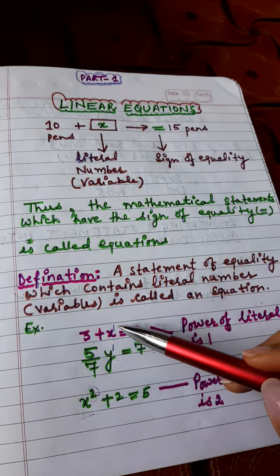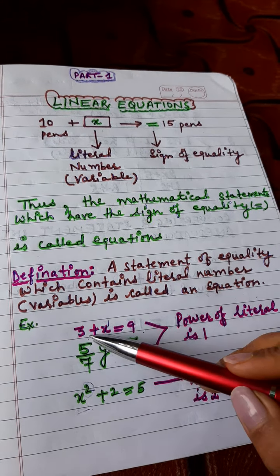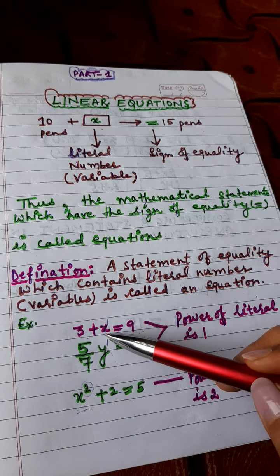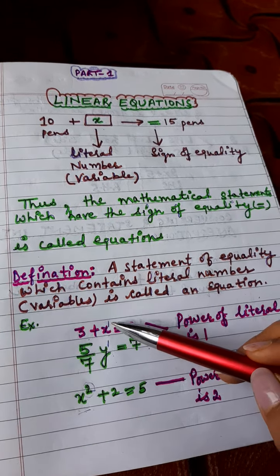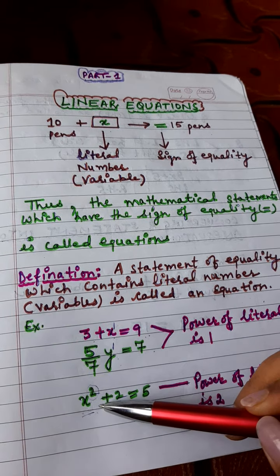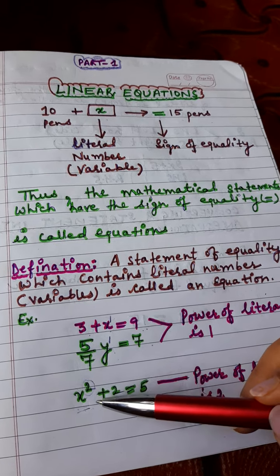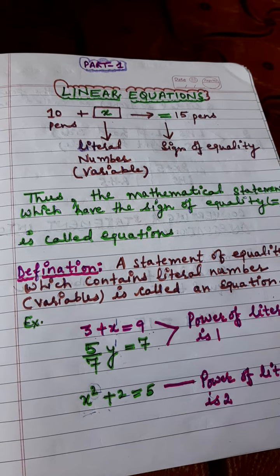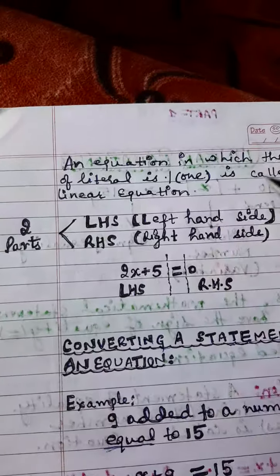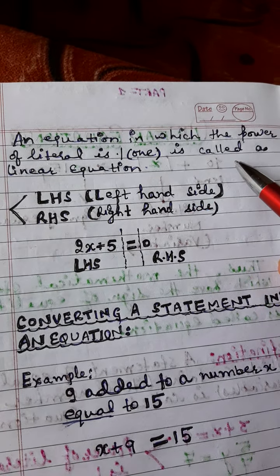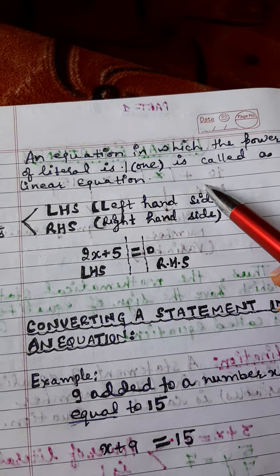For equations where the degree of the power of the literal number is 1, it is called a linear equation. Where it is not 1, for example in this equation it is 2, it is not a linear equation. Thus an equation in which the power of the literal number is 1 is called a linear equation.